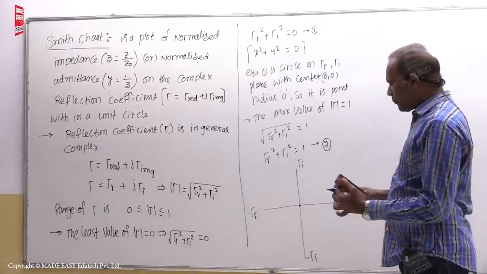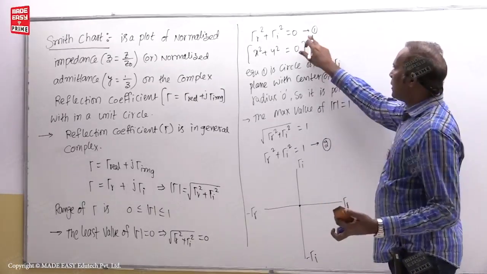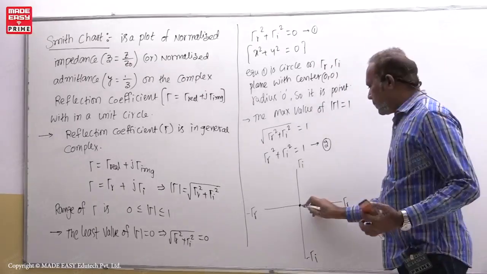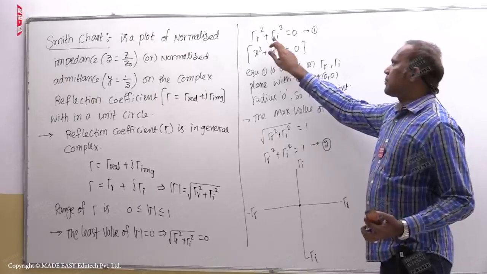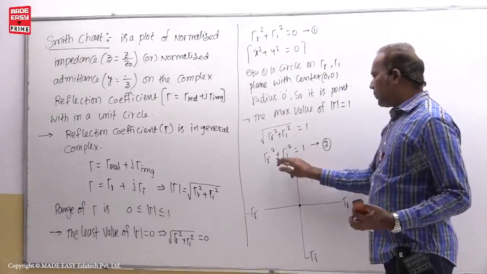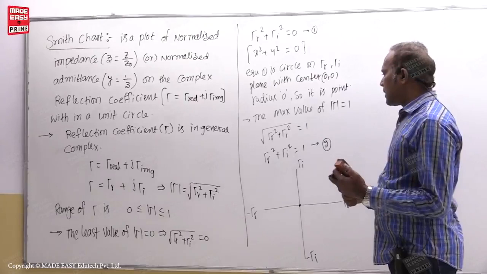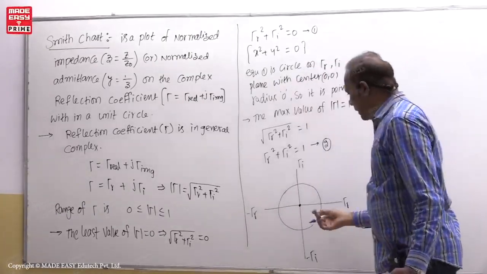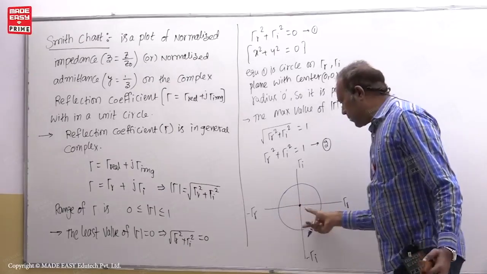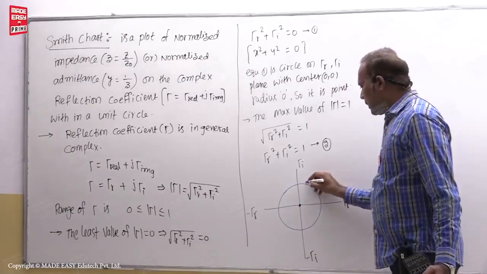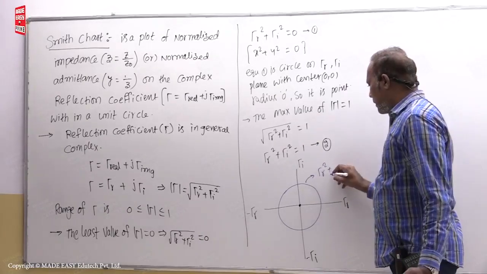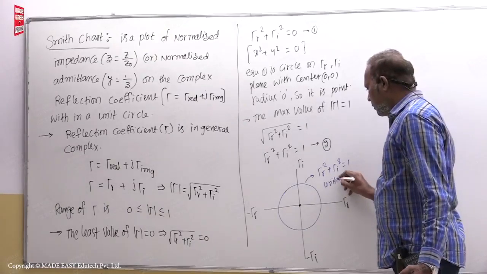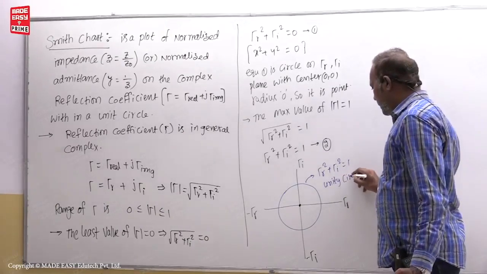Equation 1 is nothing but a point here, because radius 0 circle means a point. Now this circle is gamma r square plus gamma I square is 1 circle. So you draw a circle here. Here it is 1, here it is 1, here also 1, here also 1. So this is gamma r square plus gamma I square is equal to 1, the unity circle or otherwise unit circle.